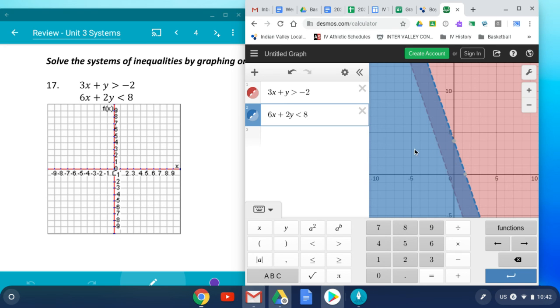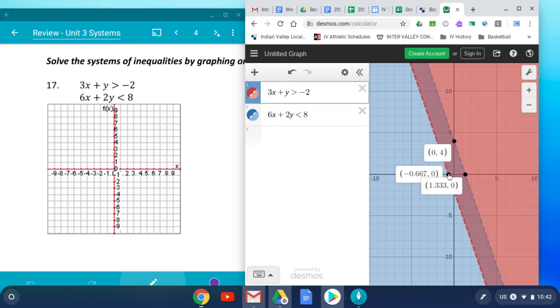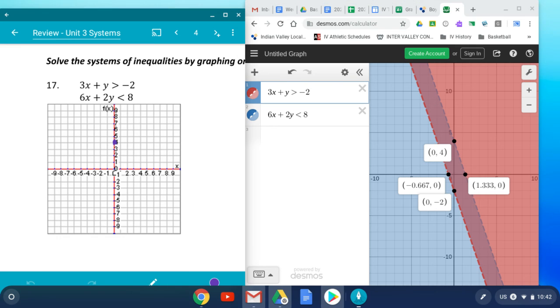Oh, look. That's cool. Look at these lines. They're actually parallel. So it's the middle section. So I would need to graph those points. I got 0, 4, and 1.3333.